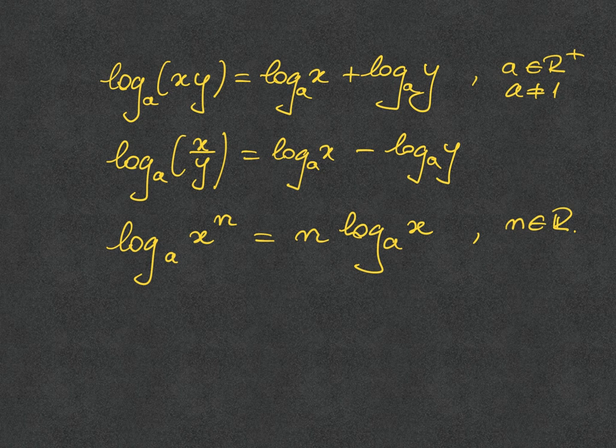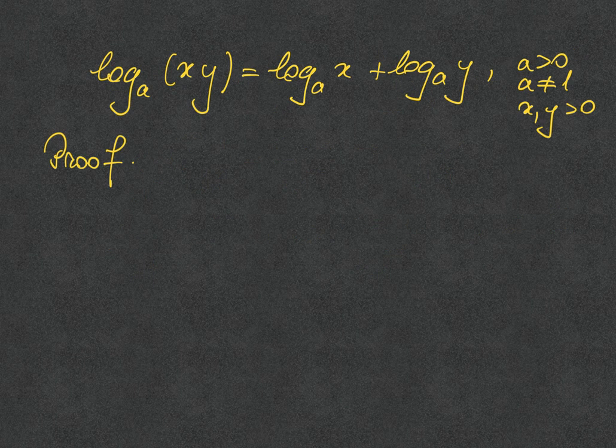Now, on the next pages, I'm going to prove each of those results. The proofs are not in your syllabus, but it's nice to see how they connect to the laws of indices that we learned before. Following the proofs will help you understand better. However, if you don't want to follow the proofs, you can stop the movie and go to the next learning experience from your Google Classroom.